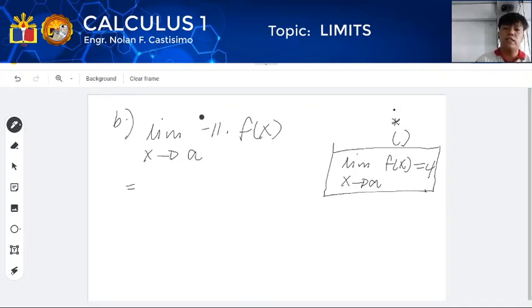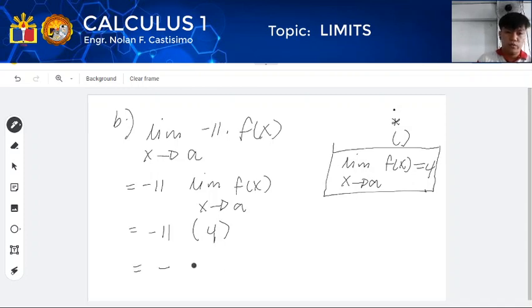So, ilabas natin si constant, which is negative 11, and then limit of f of x as x approaches a. So, ano yung value nito? Meron na tayo dyan, equivalent to 4. So, negative 11 times 4 is equivalent to negative 44. Ayan. Final answer of letter B.